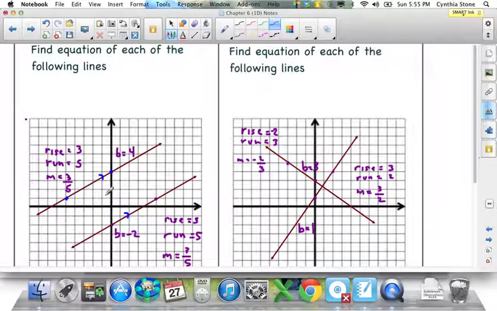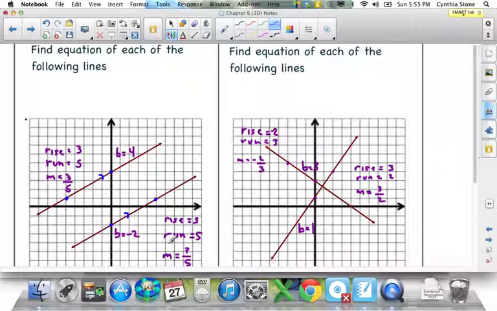So I chose these 2 points and find the rise and the run. The rise is 1, 2, 3, and the run is 1, 2, 3, 4, 5. So my slope is 3 over 5. Looking at this one, my y-intercept is -2. And my 2 points are right there. It's the same thing. My rise is 1, 2, 3, and my run is 1, 2, 3, 4, 5.